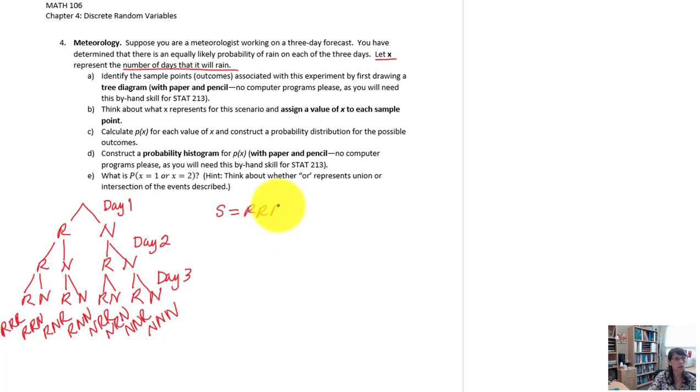So I'd have RRR, RRN, RNR, RNN, then NRR, NRN, NNR, finally 3 N's. So you can see there are 8 different sample points or 8 different outcomes. So that's part A.